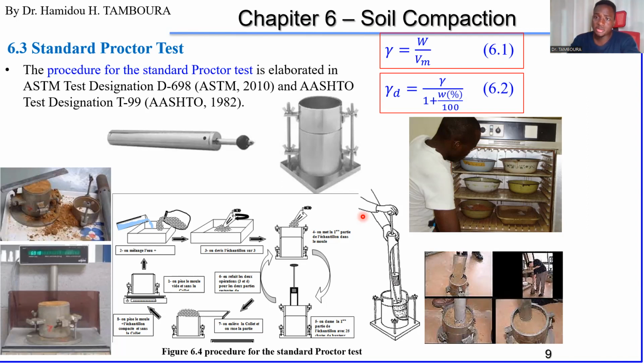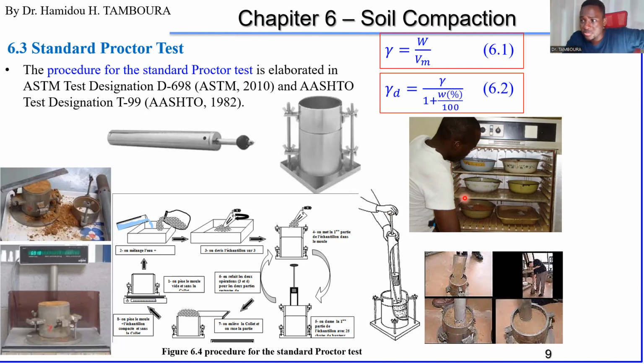Okay, then dry it. If you dry the soil even one day, after drying it, all the water will go, and you will weigh it again. And obviously, the weight you will obtain will be less than the first one.